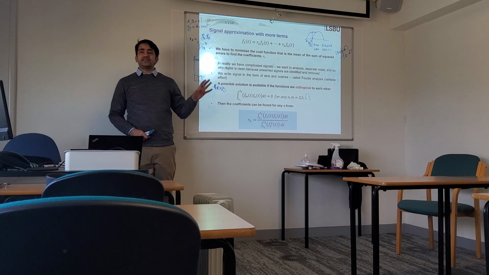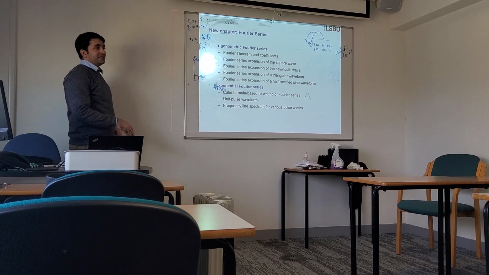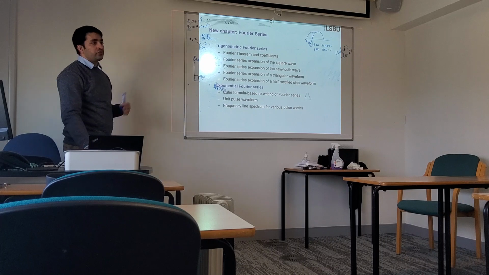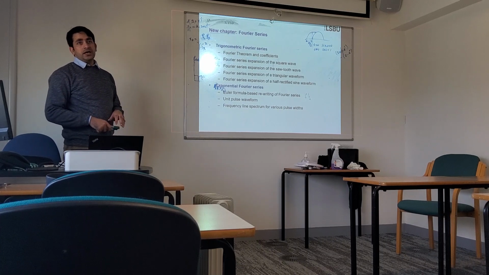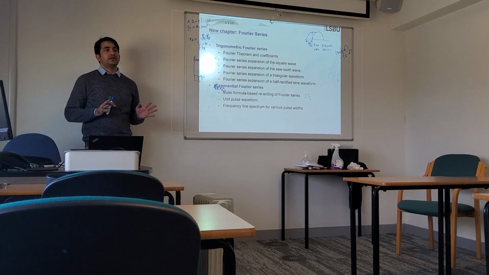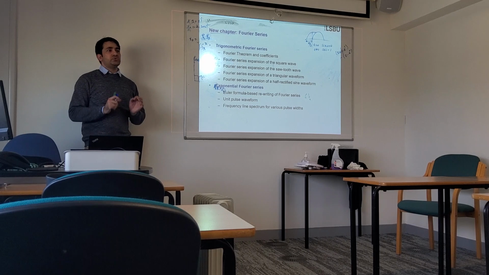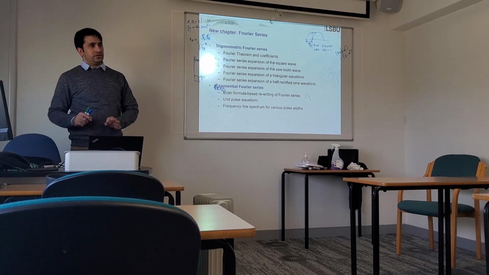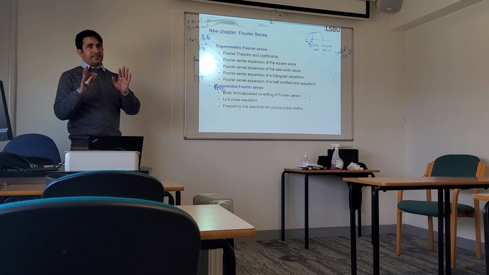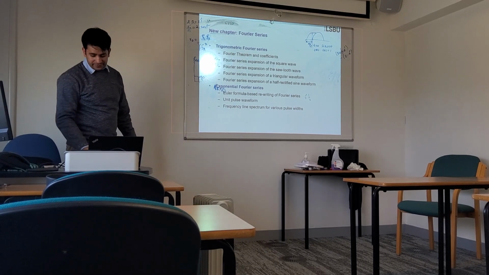So now this is a bridge to Fourier series. This brings us to Fourier series analysis, and we'll see later on that Fourier series says that any signal can be represented using sines and cosines. If you have a signal, you can represent it by a combination of multiple sines and cosines.